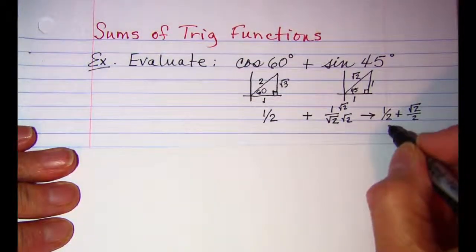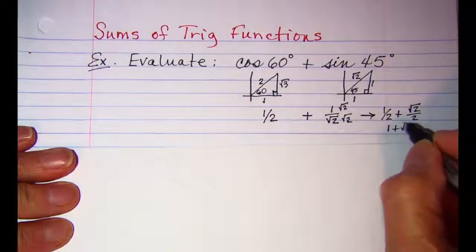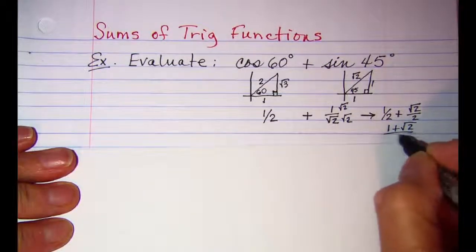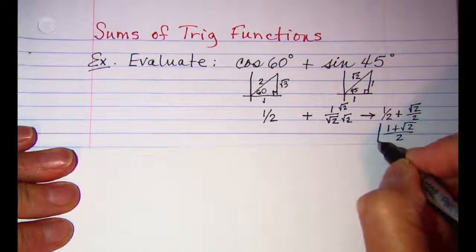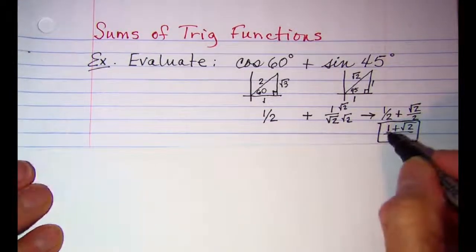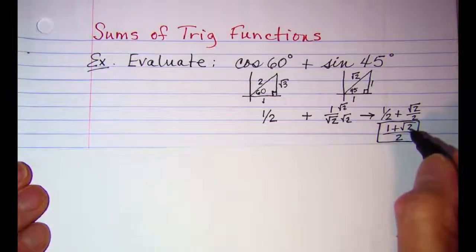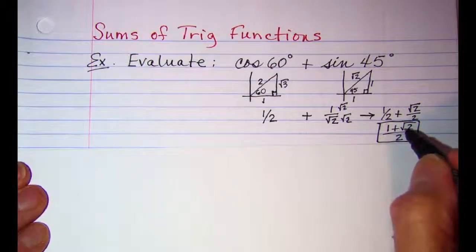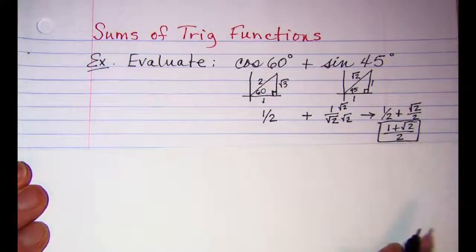So this would be 1 plus radical 2 over 2. Now remember, you cannot add 1 and root 2 together because 1 is a rational number and root 2 is irrational. So we have to just write it that way.